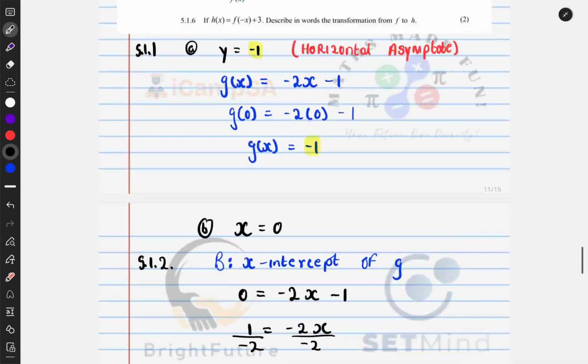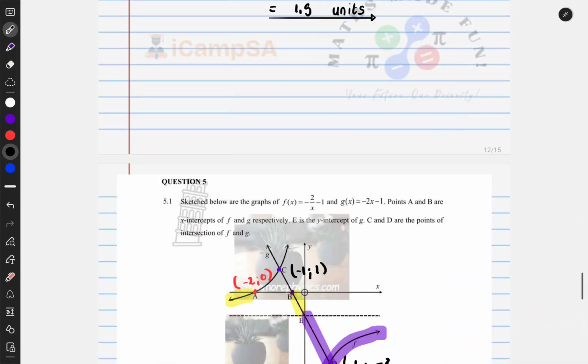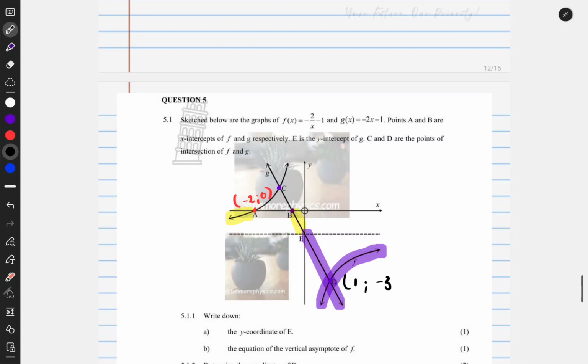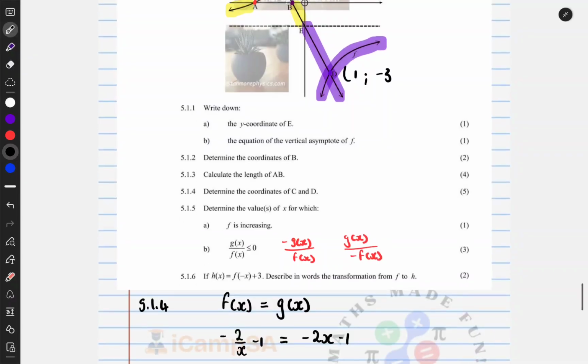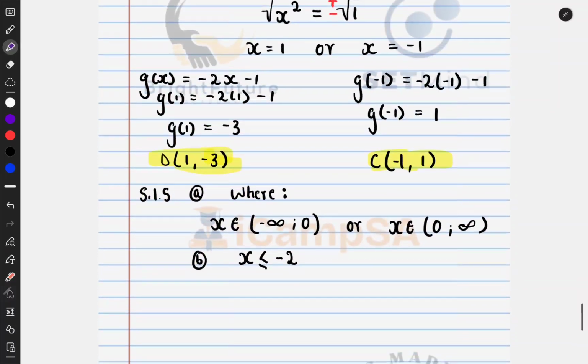So what are the coordinates of b? B was -1/2 and 0.